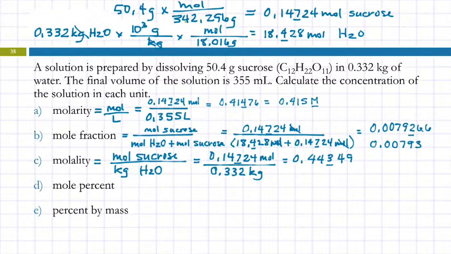And then the unit there, you can write moles per kilogram or molal. 0.443 italicized lowercase m. That's molal. Any questions?